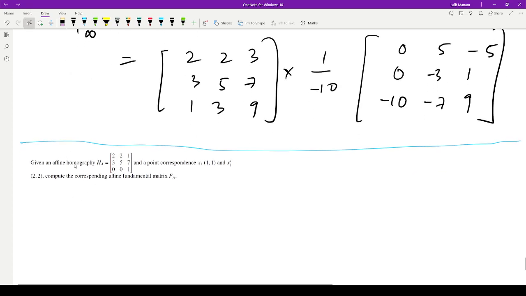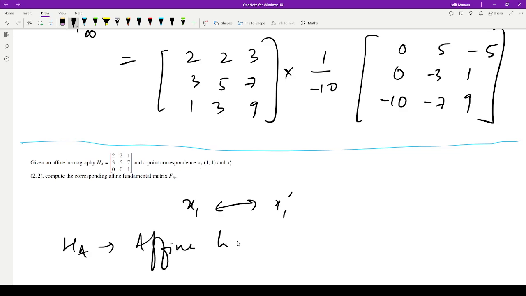Given an affine homography HA, and a point correspondence x and x prime. We have x1 and x1 prime given to us. We are given HA as an affine homography. Do you think it's an affine homography?